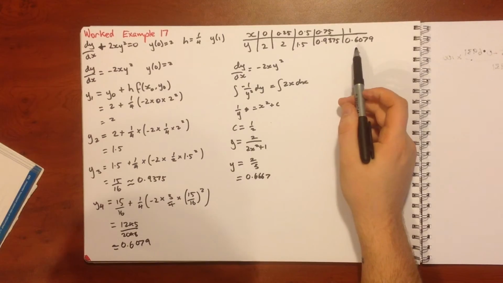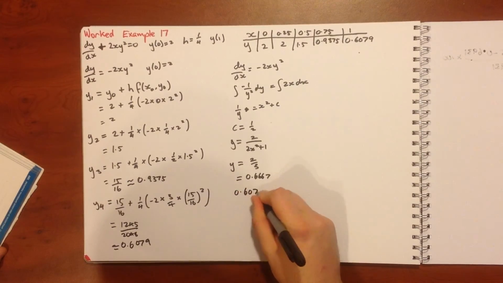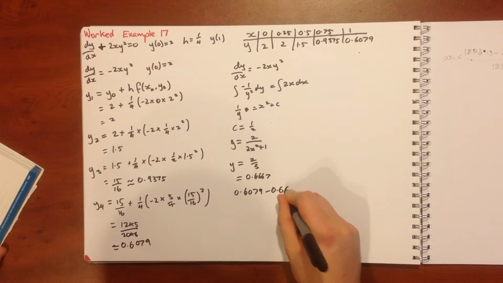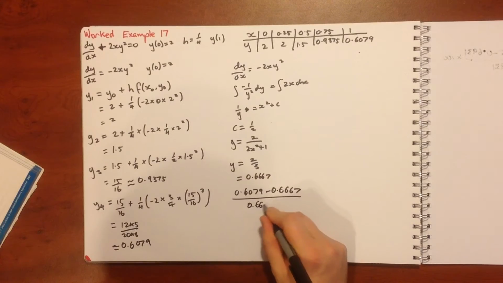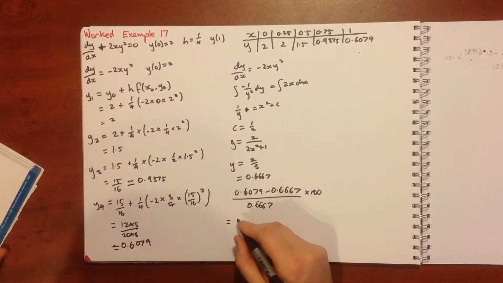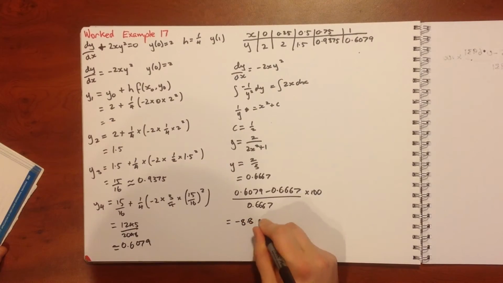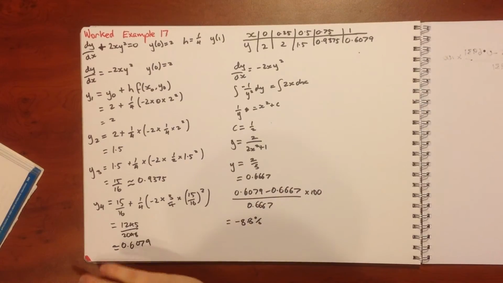Then we can do our percentage error: 0.6079 minus 0.6667 over 0.6667 times by 100 gives a percentage error of minus 8.8%, because we were smaller, where in the previous ones we were larger.